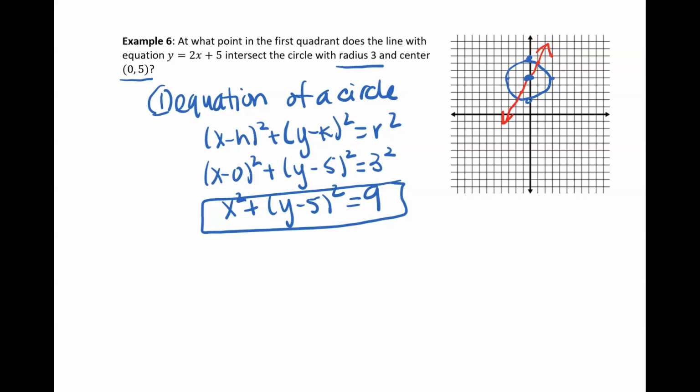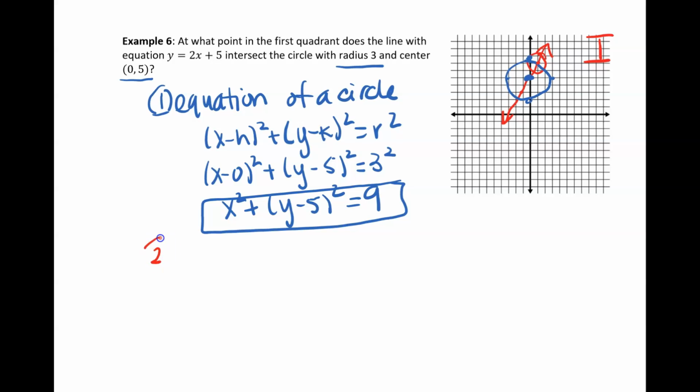And we want to know at what point in the first quadrant, remember the first quadrant's over here, does the line with the equation intersect the circle? So we're looking for that value there. You can see that if it's intersecting the circle, that's another xy quadrant for us.